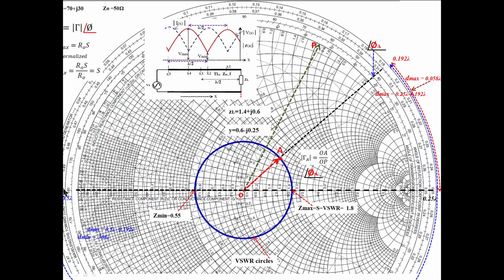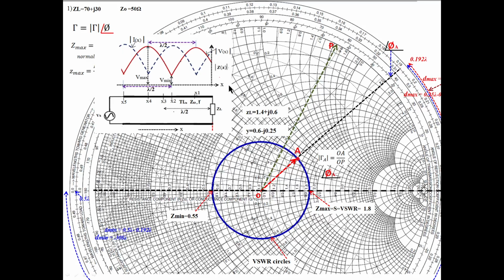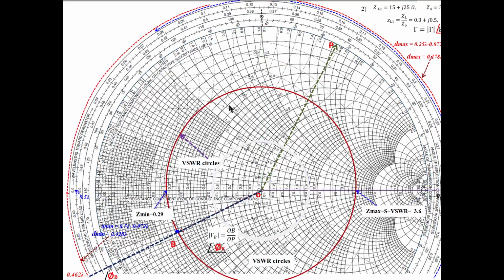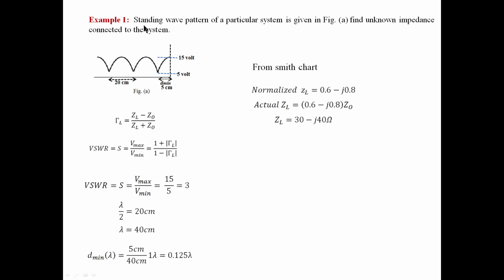If a maxima is given, you start here and move the given distance. Like that you can find the unknown load from the Smith chart for the given d maxima or d minima distance. Here I have done one example, a standing wave pattern.